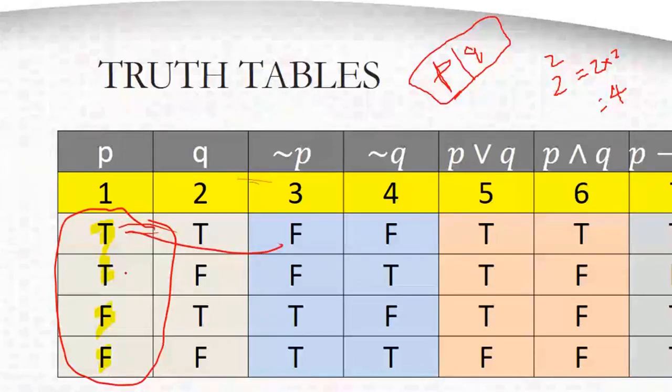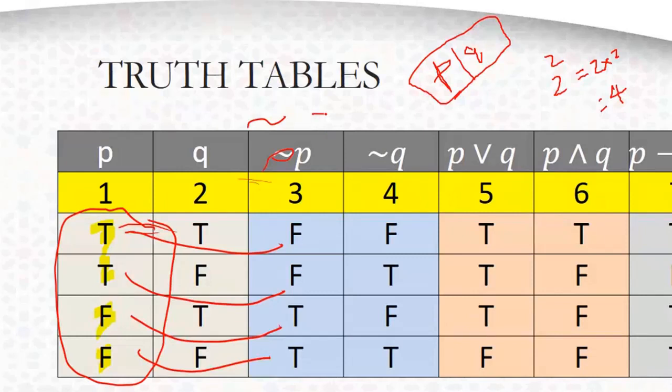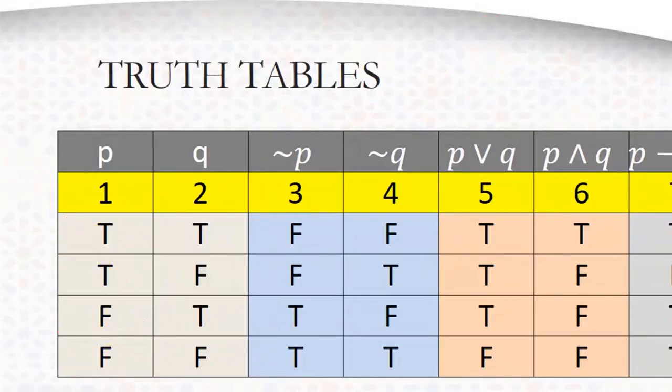If F is coming, change it into T. That is the definition of negation. Sometimes we write negation like this, sometimes like this, sometimes like this also. All these have the same meaning, negation of P. So this is the first thing where we complete the negation operators.